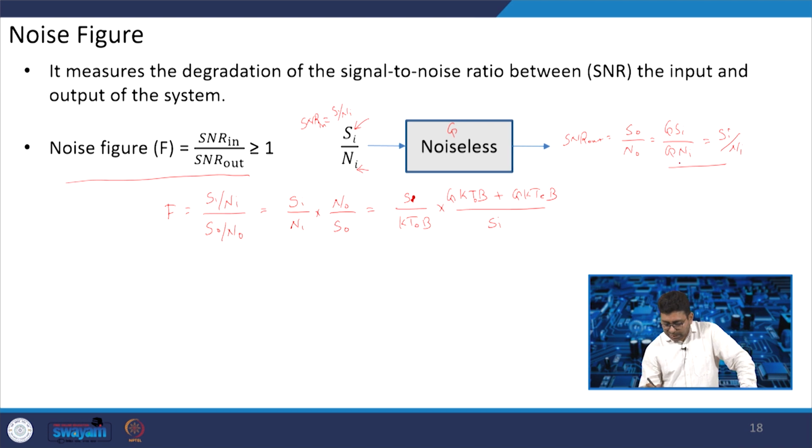Here, because no noise is added by the amplifier, we considered G times Ni, but when the system adds noise, you need to add the noise of that system, that is G K Te B. And what is So? So is nothing but gain multiplied by Si.